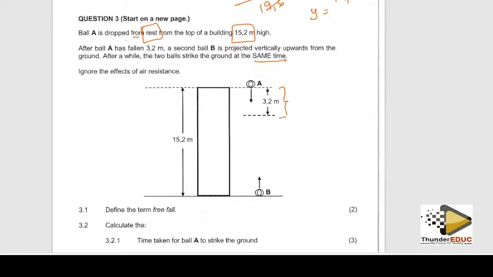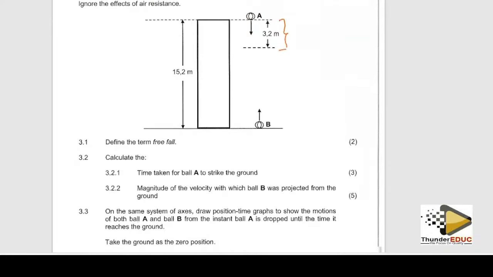Okay. Let's see, define the term free fall. So one thing we said about free fall is that this is basically a motion of an object that is entirely under the influence of acceleration due to gravity.